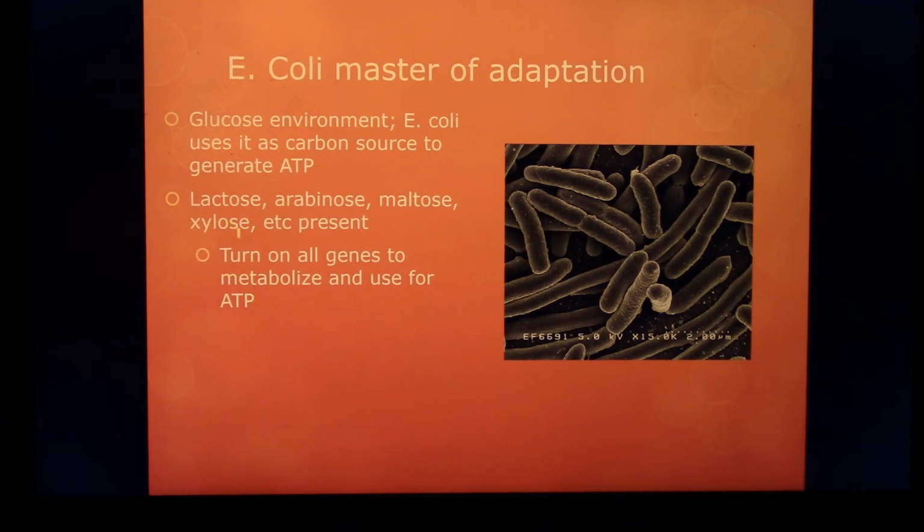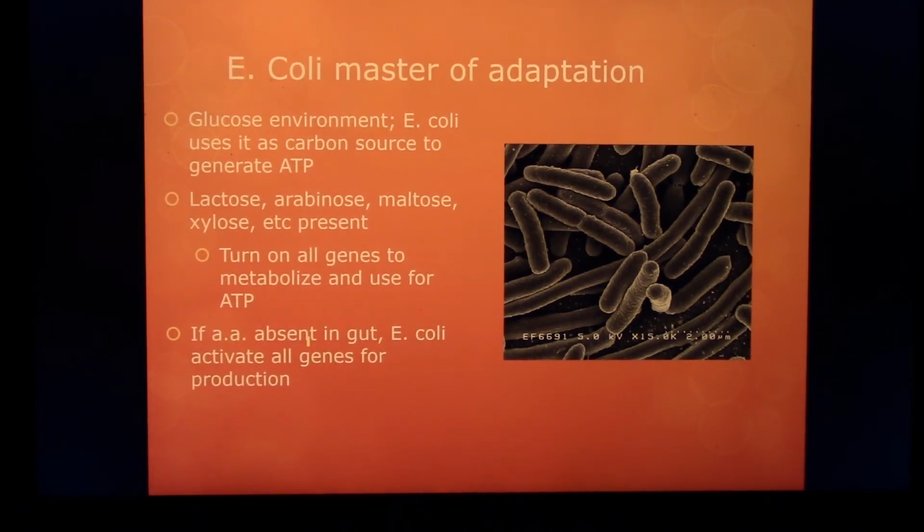So when you eat different foods such as lactose that's in your dairy products, the bacteria in your gut are going to turn on genes to metabolize that sugar and use it as cellular energy. So they can adapt from one sugar to another. If amino acids are also absent in your gut, E. coli can solve that problem too. It can activate all the genes for production of amino acids, and there is a section of this chapter that talks about the tryptophan operon, but we are not going to go into that for this class.